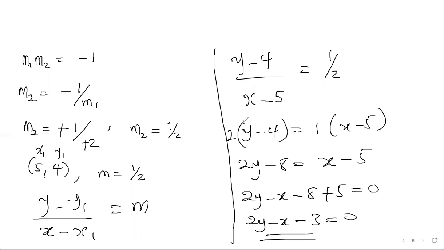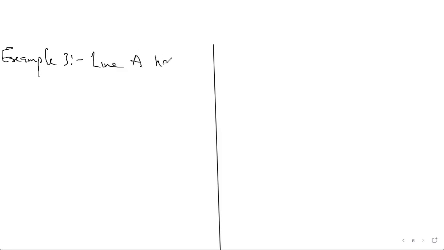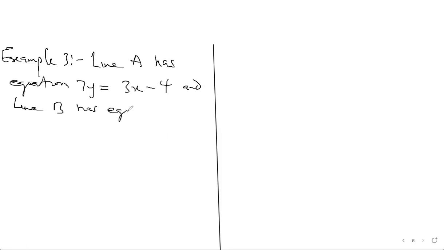Then I will do one more question, and that will be it for the video. So let's look at another example. Example 3. So the question is, line A has equation 7y = 3x - 4, and line B has equation 3y = 5 - 7x.